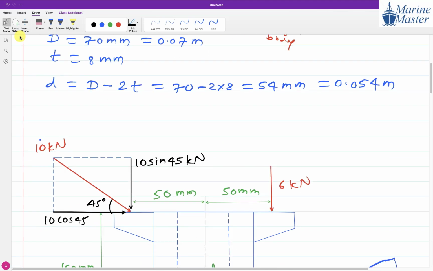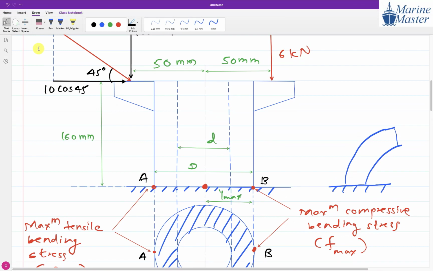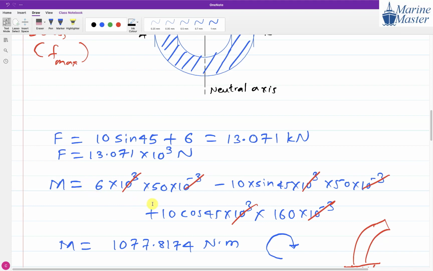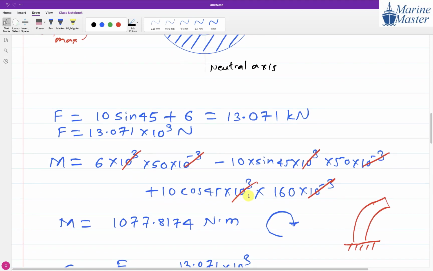F cos 45 is useful here, sir? In our calculation we have not used it. In calculation of F we have not used it, but in calculation of M we have used it, sir? In calculation of M, okay, perfect. In calculation of M, it is useful.